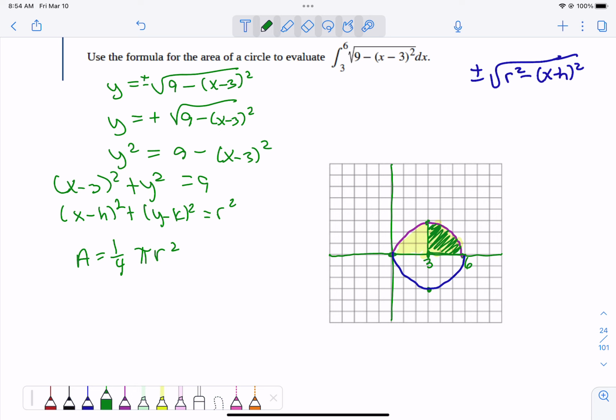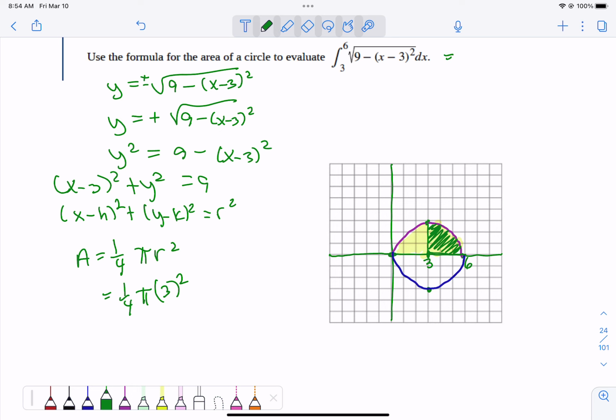So the exact area, that integral, equals 1/4 pi. Now our radius is 3, so that'd be 3 squared. If you have a pi that pops up in your formula because it was related to a circle, just leave pi in it.